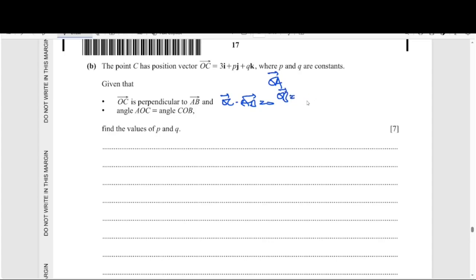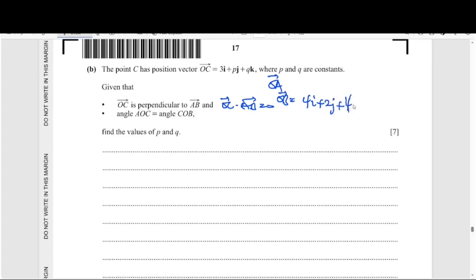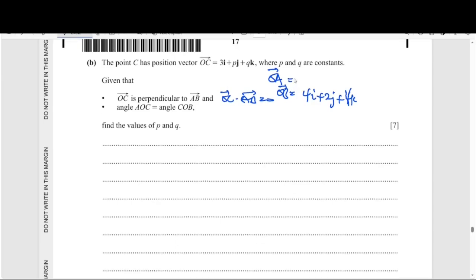So OB was given as 4i plus 2j plus 4k from the previous question, and then OA was given as 2i plus 2j minus k. Right. So OC has been given, so we need to find our AB.